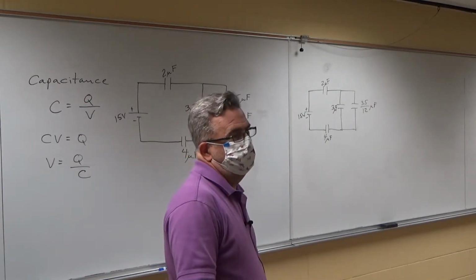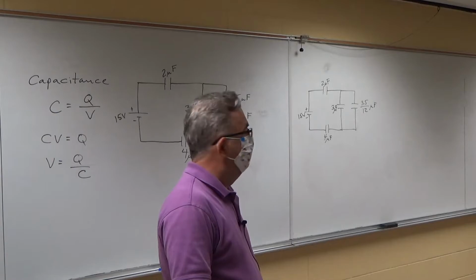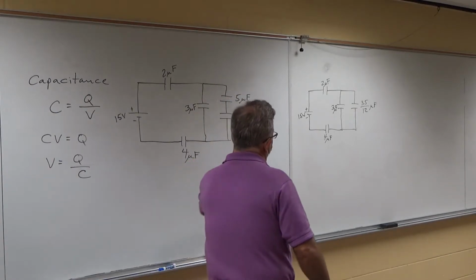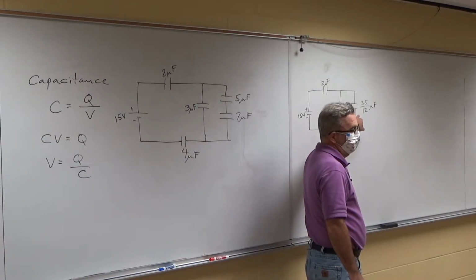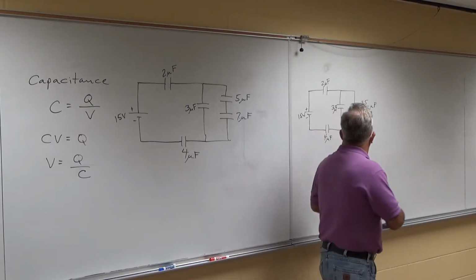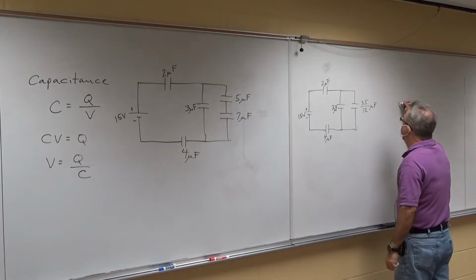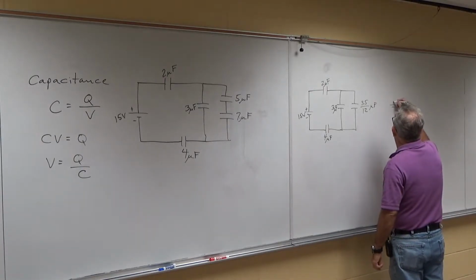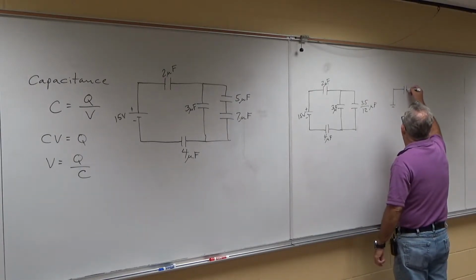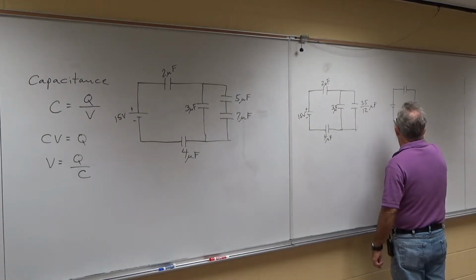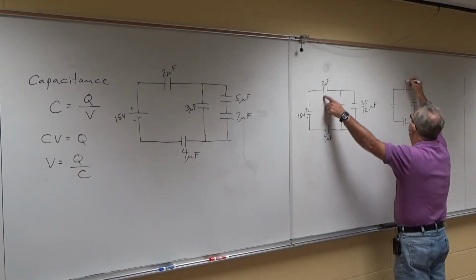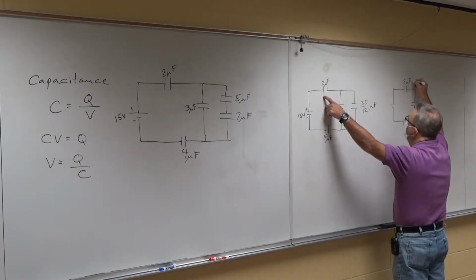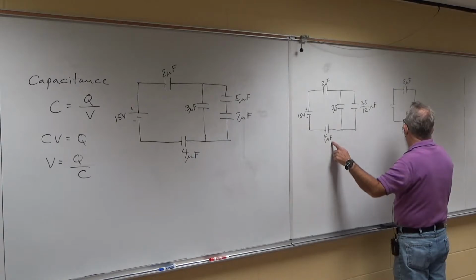What's next? Yeah, the 3 and the 35 over 12 are in parallel, so we just add them up. Okay, this is still a 2. This is still a 4.